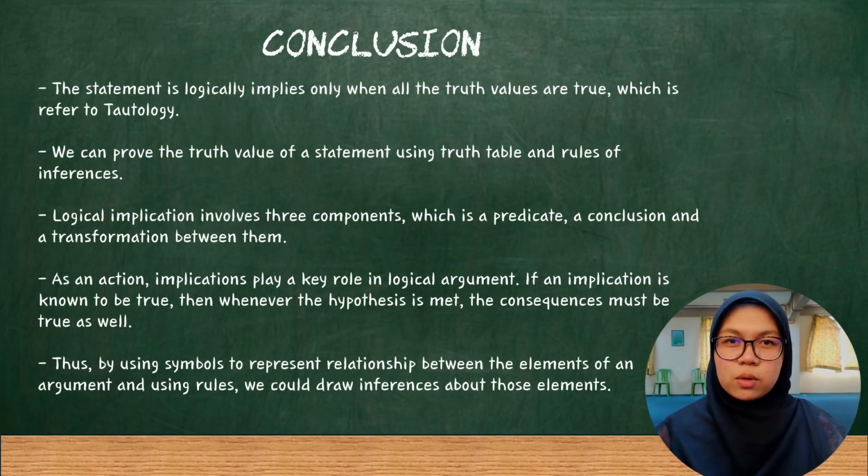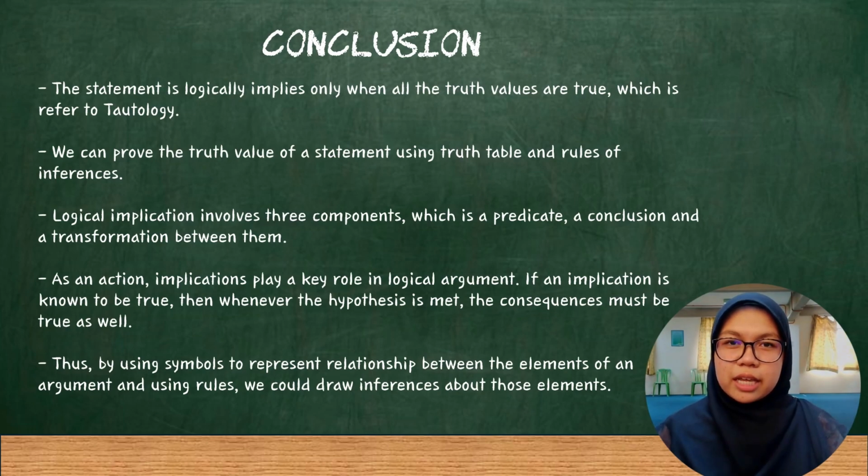The statement is a logical implication only when all the true values are true, which is referred to as tautology. We can prove the true value of a statement using truth tables and rules of inference. Logical implication involves three components: a predicate, a conclusion, and a transformation between them.